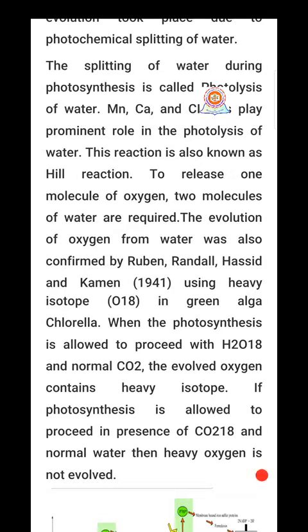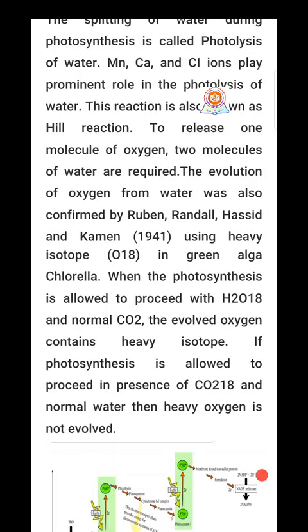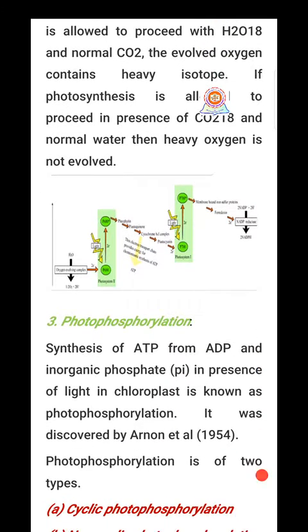If photosynthesis is allowed to proceed in the presence of carbon dioxide containing O18 and normal water is used, the heavy oxygen is not evolved. This experiment confirmed that oxygen comes from water and not from carbon dioxide.